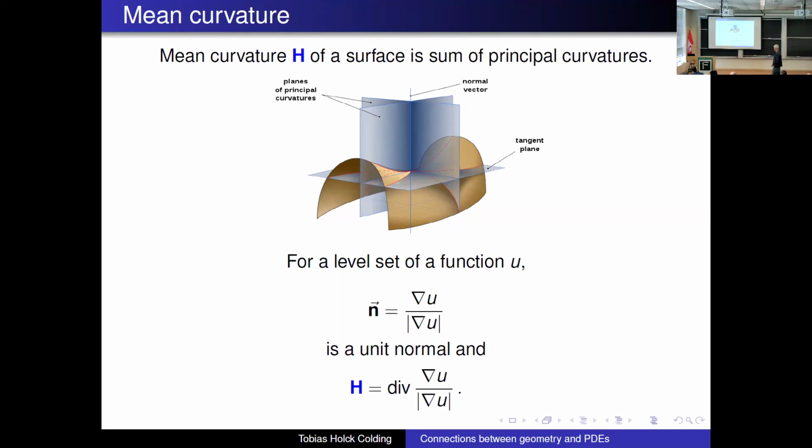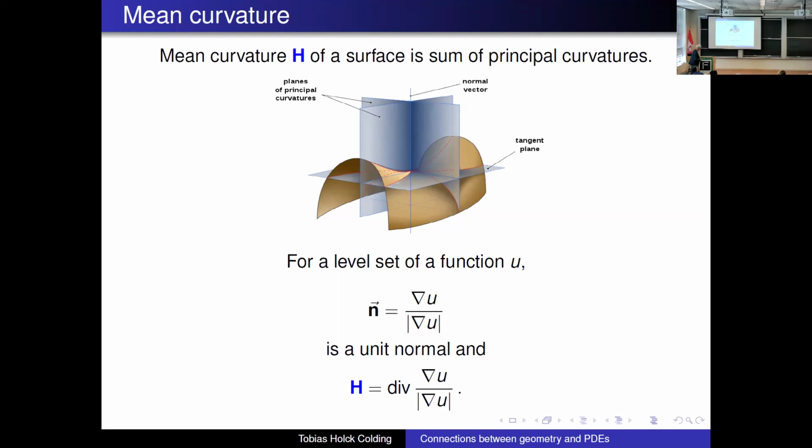And here it doesn't matter which divergence you are thinking about, whether the divergence on Euclidean space or the divergence on the level set. Okay, it gives you the same result. Okay, so this is the mean curvature.